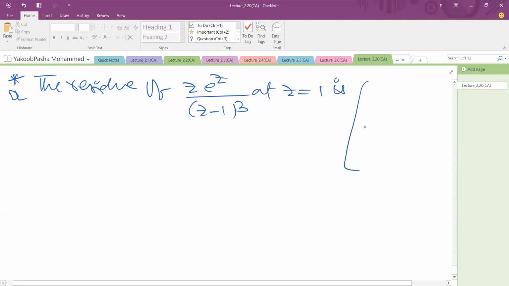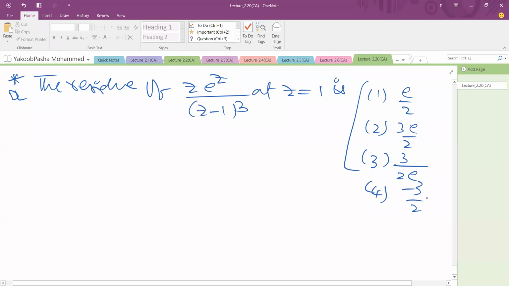Okay, we have first option e by 2, second option 3e by 2, third option 3 by 2e, and the fourth option is minus 3 by 2e.